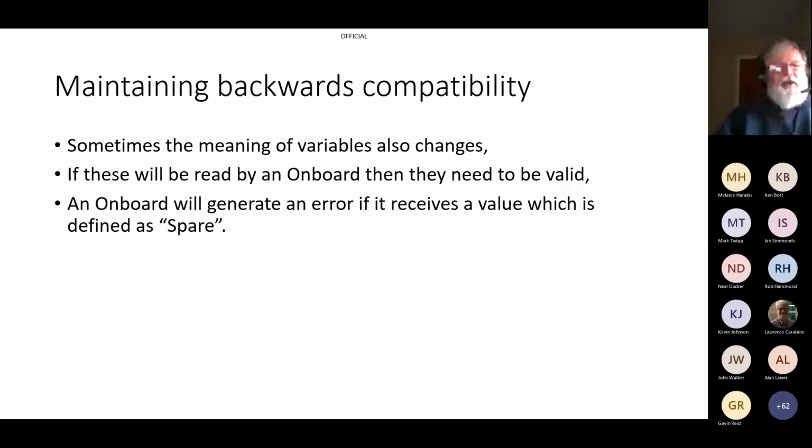So when an onboard reads any message, one of the things it does is to check whether each of the variables has a valid value attached to it. And if it doesn't recognize the value, for instance, because it is defined as a spare value, then it will generate an error.